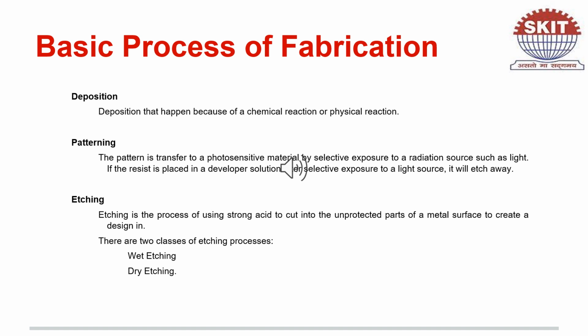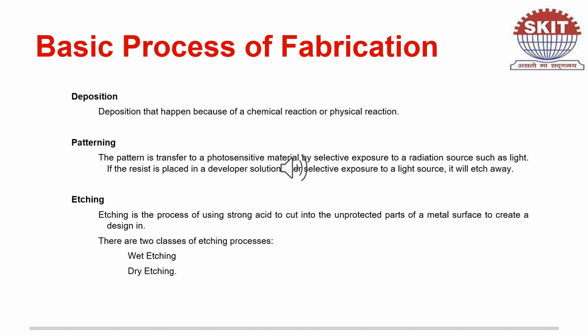So the photolithography process is used in this, which defines the transfer of a pattern on a thin film layer on the wafer. In this process, a light source is used to transfer the image from a pattern mask to a photosensitive layer on a substrate or another thin film.